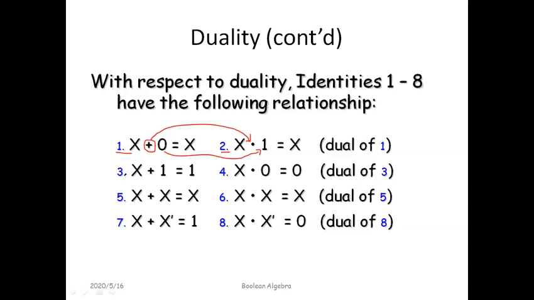For 3, we've seen that there is still x, not x, but the plus sign rather, converted to the dot, and the 1 converted to the 0.